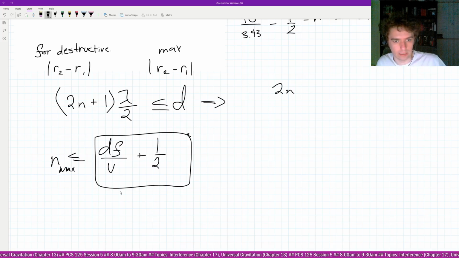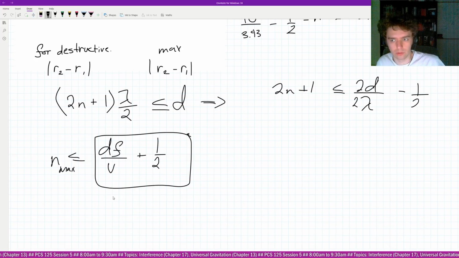So it's going to be 2n plus 1 is 2d over lambda. How did f get there? Oh, because lambda. Then we have -1, and then divided by 2. So those cancel.